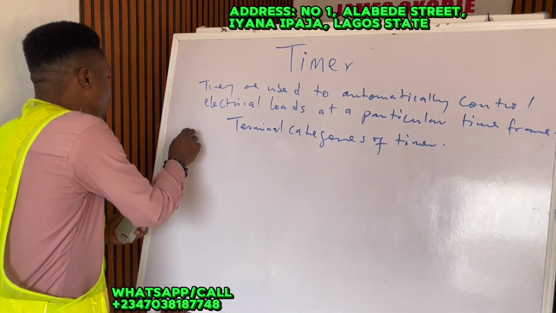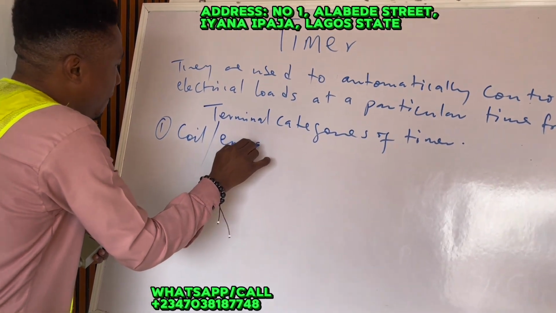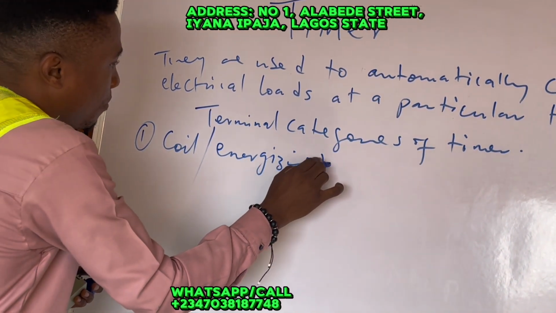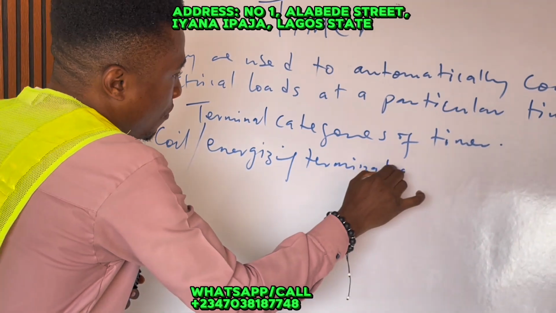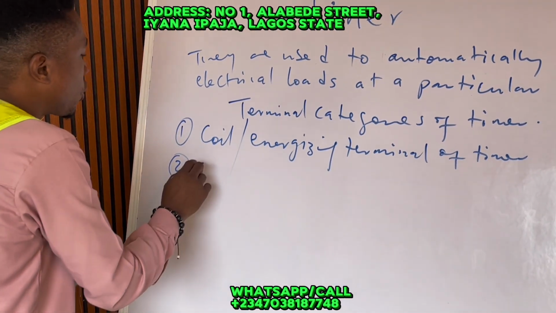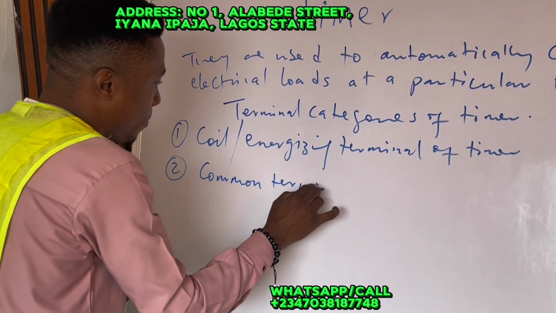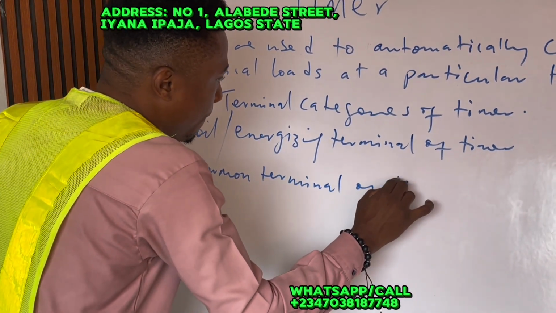We have number 1, the coil, or you call it the energizing terminal of timer. Number 2, we have what we call the common terminal of timer.